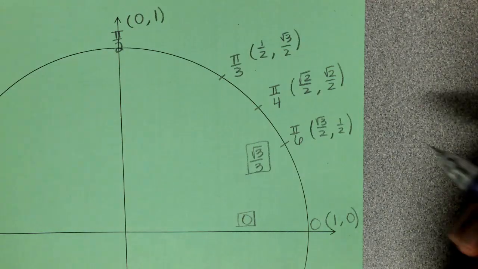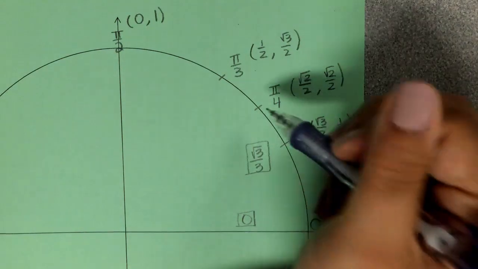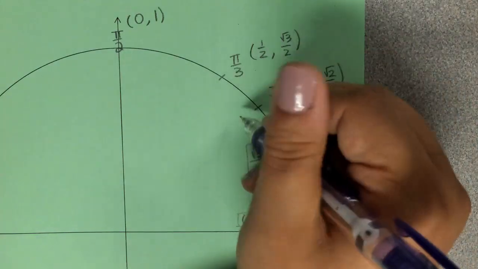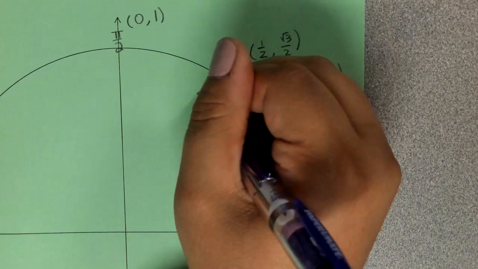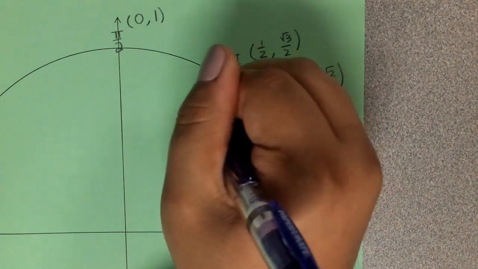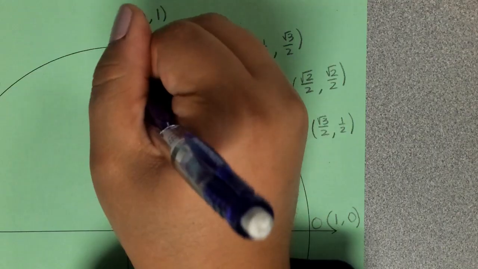So a trick you can remember is 3 plus 3 is 6 to tell you which one tangent goes to. What is the tangent of pi over 4? We like that one. Tangent of pi over 3? Square root of 3. And then what is the tangent of pi over 2? Undefined.